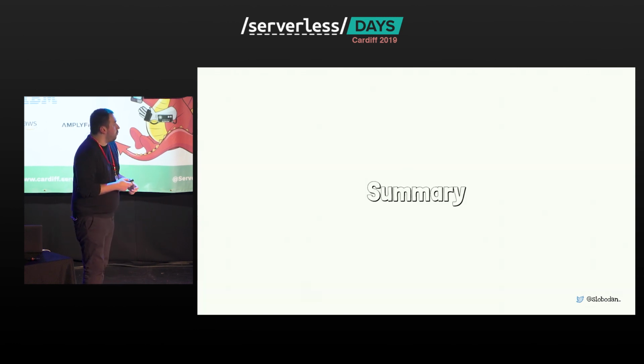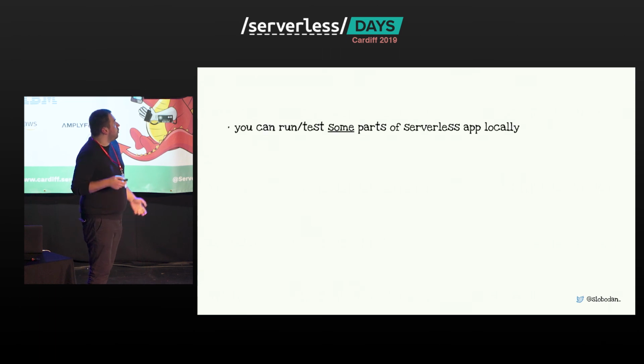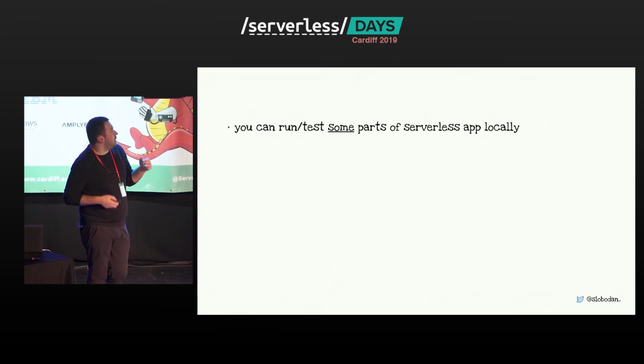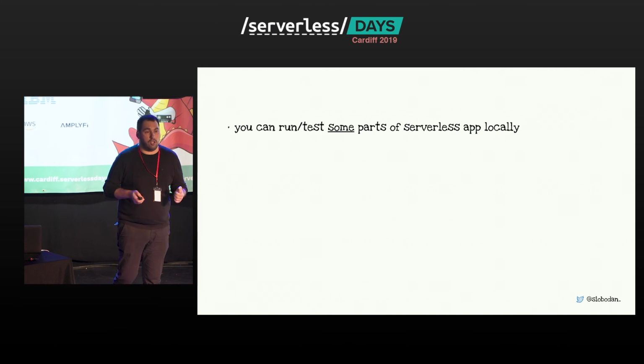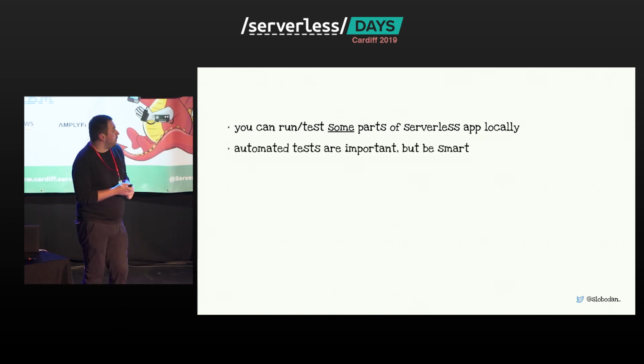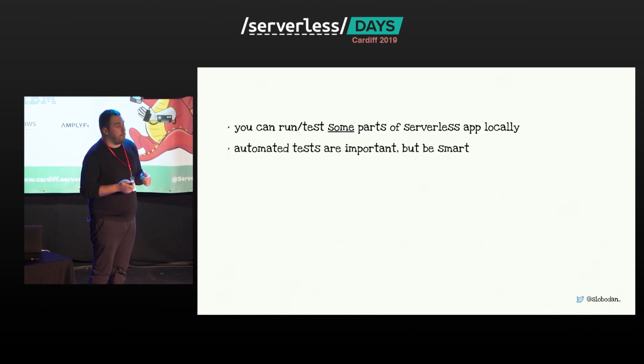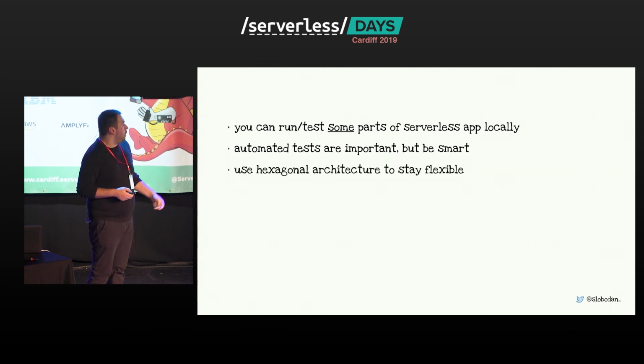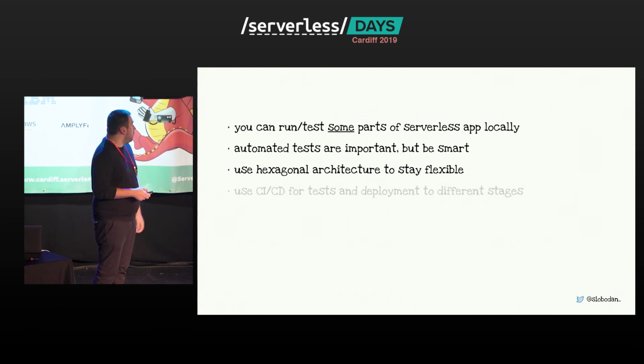So let's go through a quick summary, because I think I have two more minutes or less. You can run and test some parts of your serverless application locally, but not everything. Automated tests are important, but you need to be smart about what you are testing. I'm using hexagonal architecture to stay flexible and to make sure that I can just grow my application and test it well against all the integrations.